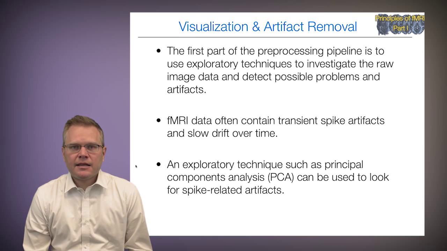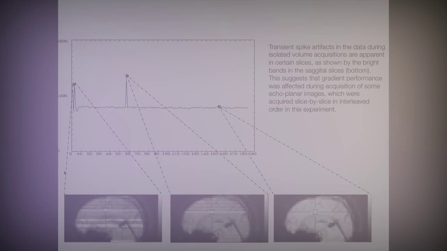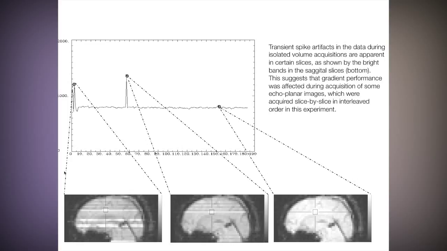Any exploratory techniques such as principal components can be used to look for these spike-related artifacts. Here we see an example of a few spike artifacts that we want to somehow take into consideration in our data analysis. We'll talk about how to do this in subsequent modules.